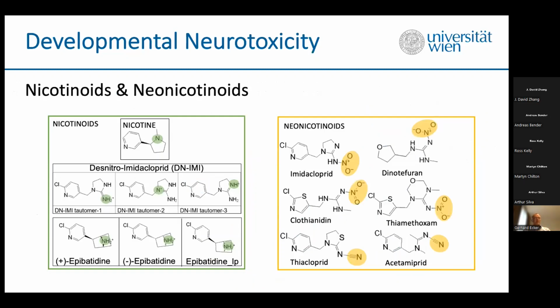In that case, we focused on nicotinoids and neonicotinoids, insecticides. These are compounds which are always discussed in media about being toxic to bees, but also having developmental neurotoxicity in humans. So it's nicotine and nitro-imidacloprid, for example. On the side of the nicotinoids and neonicotinoids, you have imidacloprid, dinotefuran, and a set of compounds.